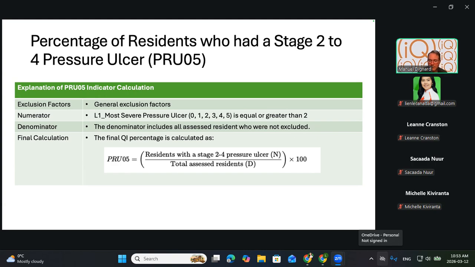So tracking this over time really helps the home monitor the effectiveness of prevention strategies, guide staff training needs, and make sure of early interventions. Pressure ulcers are largely preventable. So this indicator often becomes a big focus in quality improvement plans, especially during compliance audits and public reporting.